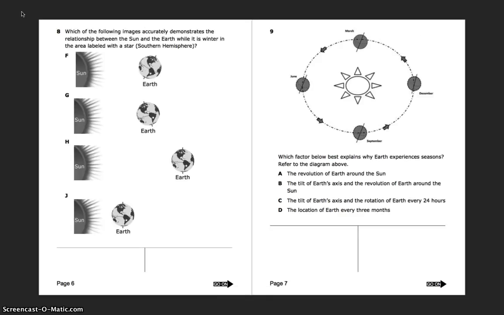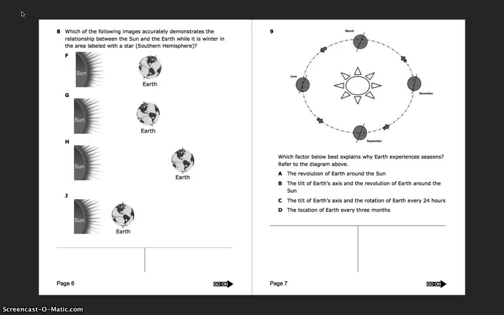Number 8. Which of the following images accurately demonstrates the relationship between the sun and the Earth while it is in winter in the area labeled with the star, Southern Hemisphere? Number 9. Which factor below best explains why Earth experiences seasons?